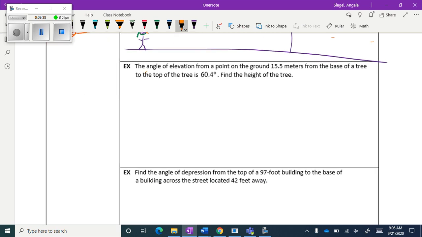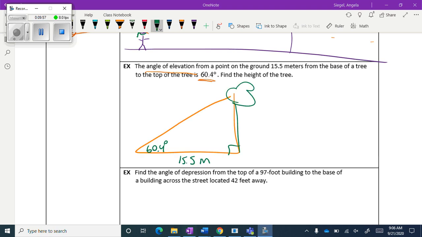So the angle of elevation, so we're looking up from a point on the ground, is 15.5 meters from the base of a tree to the top of the tree. I'm sorry, so the angle of elevation is 60.4 degrees. Find the height of the tree. The first thing you need to do is you need to draw the picture. So go ahead and do that. I also went ahead and filled in the values. So I have my angle of elevation and I have my distance from the point on the ground to the tree.